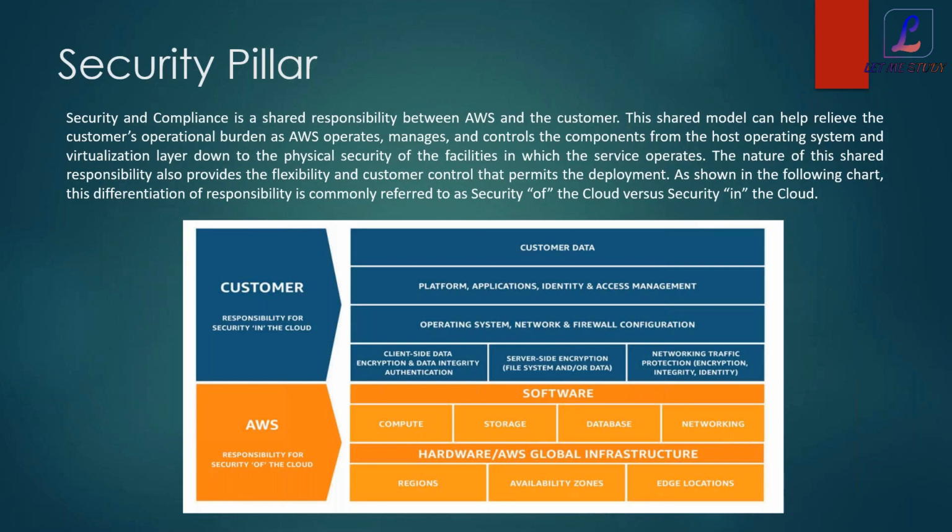Be it encryption at rest or encryption in transit. You should use an encrypted mechanism like SSL, or I mean TLS, for data transfer. And you should use proper firewall configurations, filtering your packets and restricting your ports.